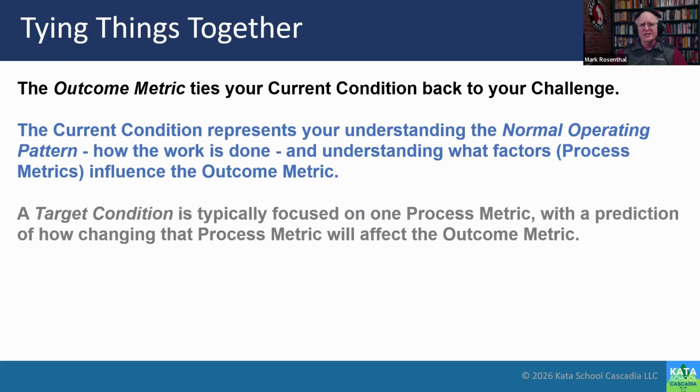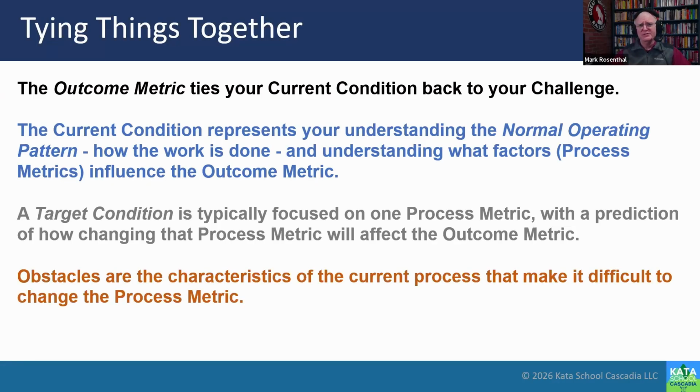A target condition is typically focused, it's not a rule, but it's a guideline, on one process metric with a prediction of how changing that process metric will affect the outcome. And the obstacles are characteristics in the current process that make it difficult to change the process metric or to run to your target pattern.